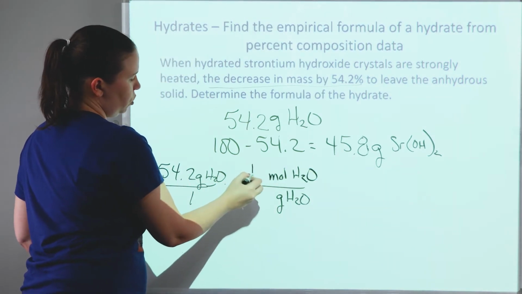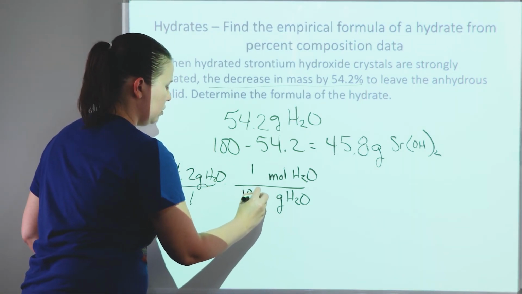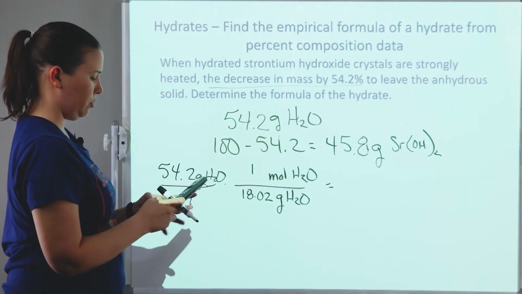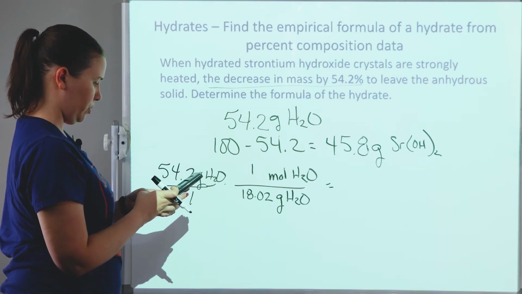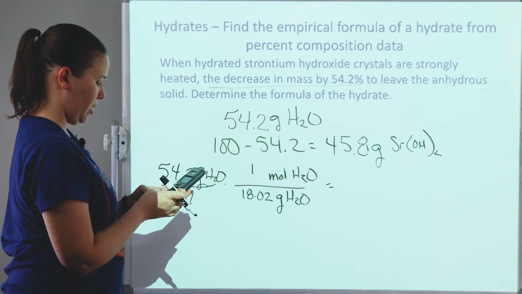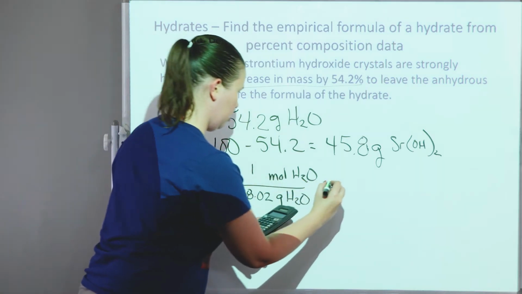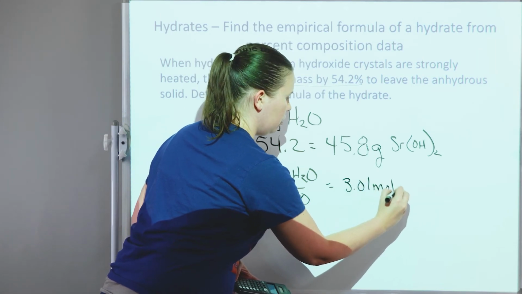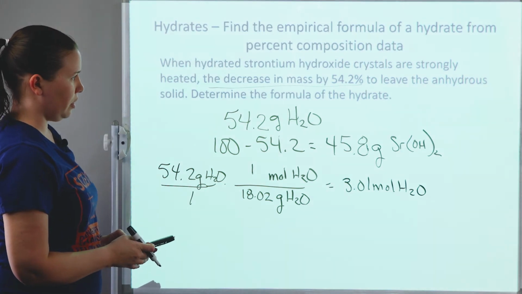I know 1 mole is equal to the molar mass, which for water is 18.02 grams. So how many moles of water? 54.2 divided by 18.02, and to 3 significant figures I get 3.01 moles of water.